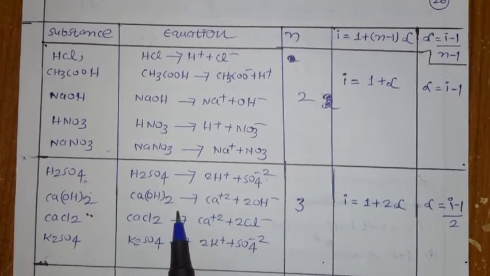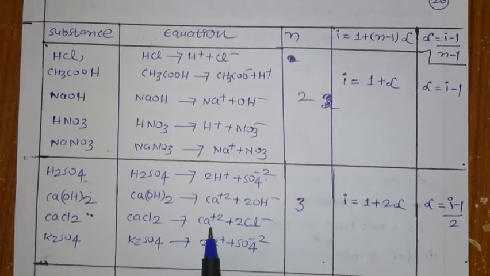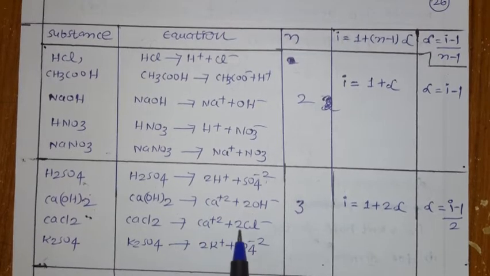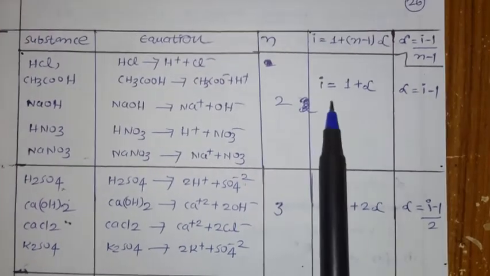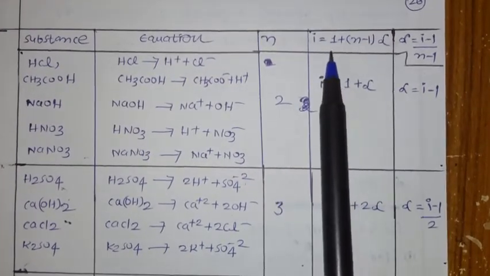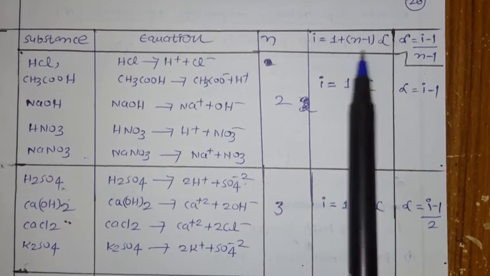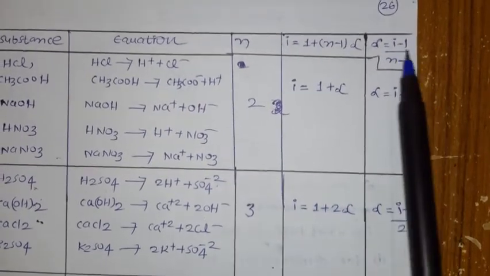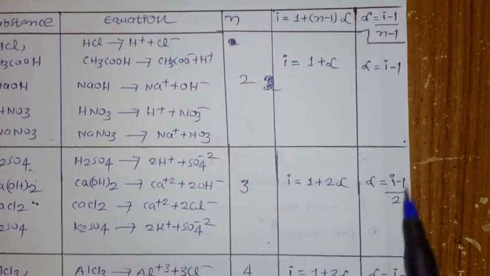Now i = 1 + (n - 1)α, with n = 3, so 3 - 1 is 2, giving i = 1 + 2α. For α, the formula is (i - 1) divided by (3 - 1), which is 2.